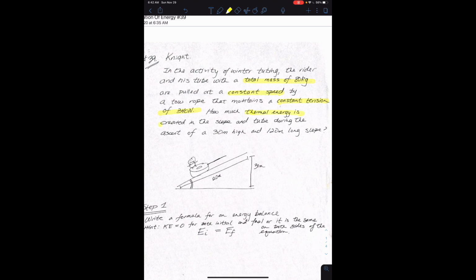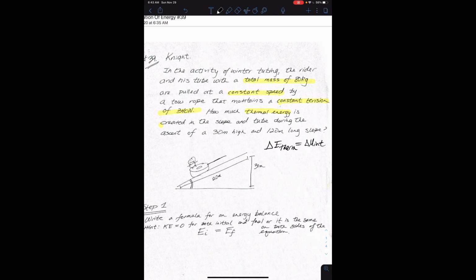So we want to know thermal energy, which we said last time: delta E thermal, or we also called it delta U internal.